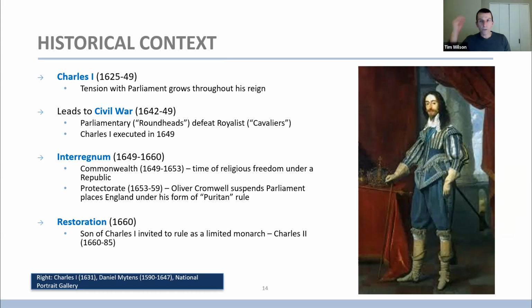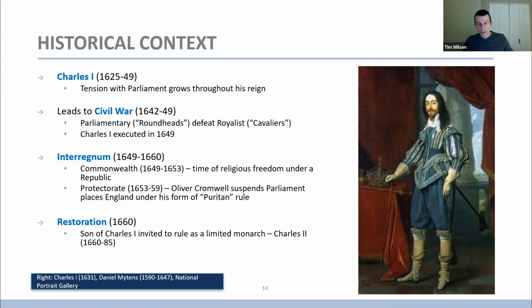So there's no absolute ruler, no monarch, and considerable religious freedom, considerable freedom of publication, these types of things that were not experienced before. And then we have a protectorate under Oliver Cromwell, so a bit of a despotism, still not technically a monarchy, but maybe some republican liberties lost.